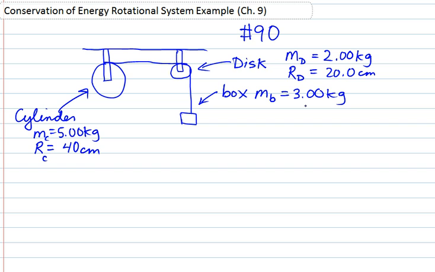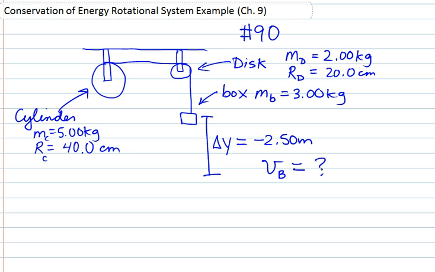We're given the radius and mass of the cylinder and the disc, and we're also given the fact that the box falls a distance of negative 2.50 meters, and we're asked to use energy in order to determine the final speed, VB, of the box.